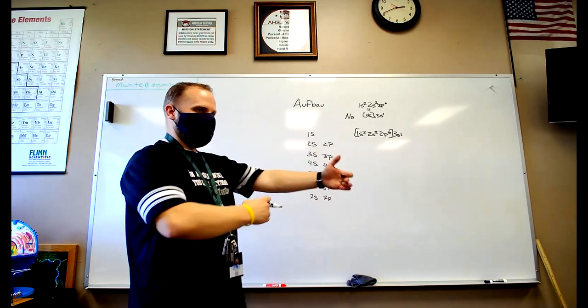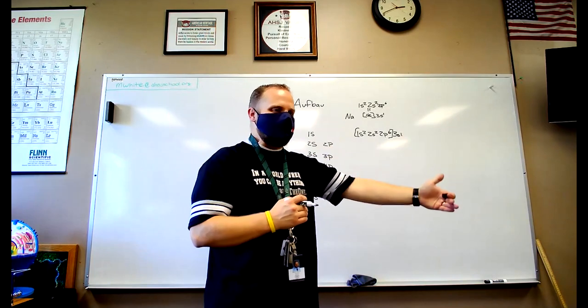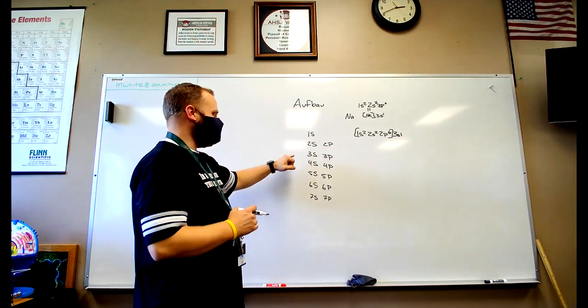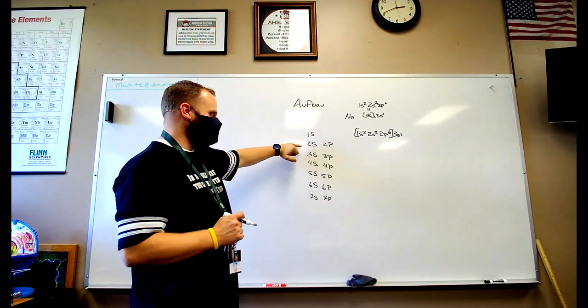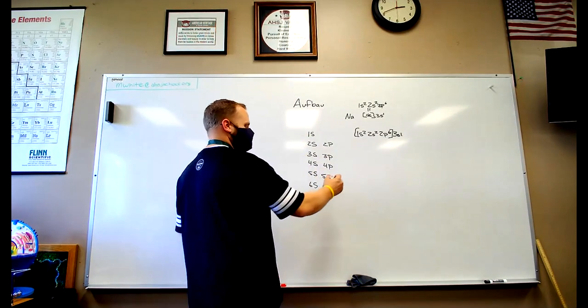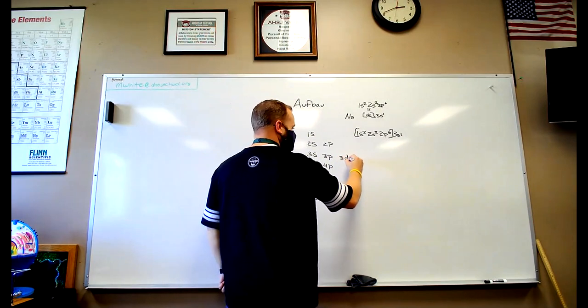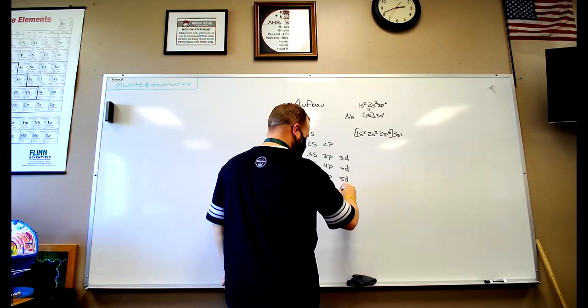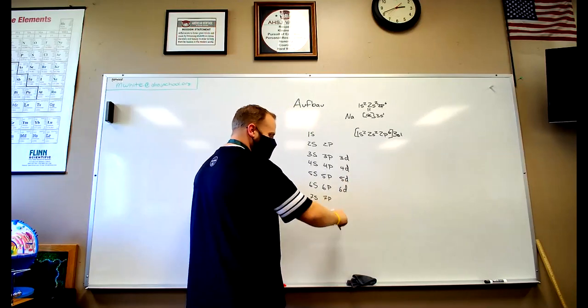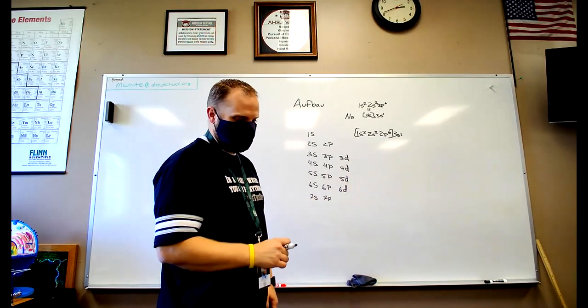The next orbital is d. Now, there's not a 1d or 2d. It starts at 3. So 3d, 4d, 5d, 6d. You could write 7, but it doesn't fill.